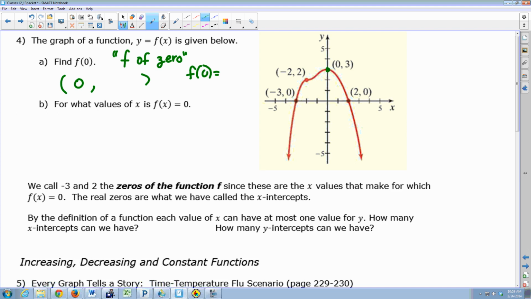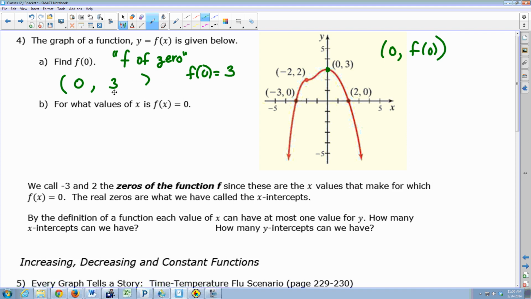So when x is 0, f of 0 is 3. So that's the value of your y-intercept, okay? So (0, 3), another way to write that is (0, f of 0). I just want you to start getting used to this notation. (0, f of 0). f of 0 represents exactly the same thing as this y value of 3.